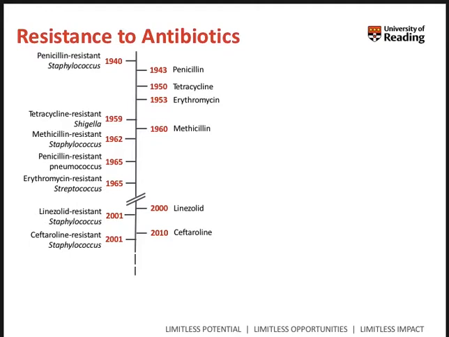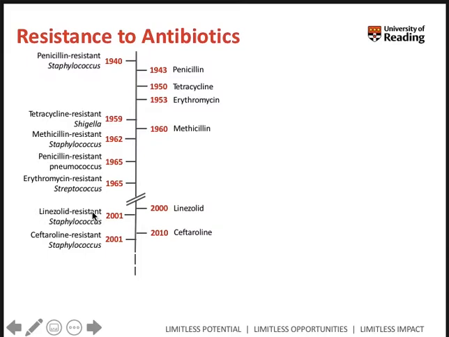Unfortunately, alongside development and introduction of new antibiotics there have been reports of resistant infections. Again, I've just shown a few examples of infections on the left of this timeline. Importantly, if we take this one example here, the introduction of this antibiotic in 2000 and the first report of this resistant infection just the following year.